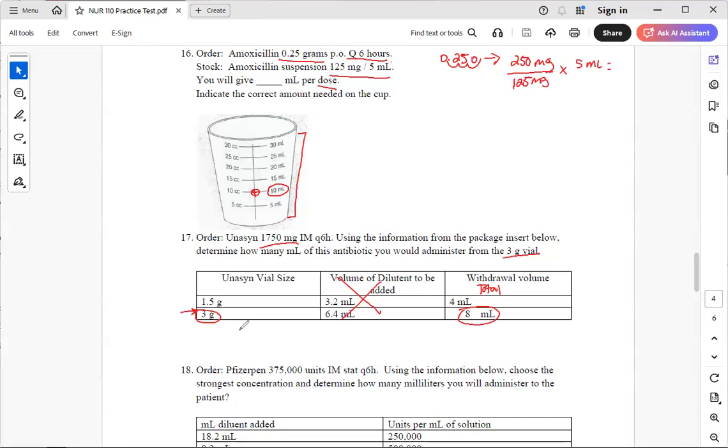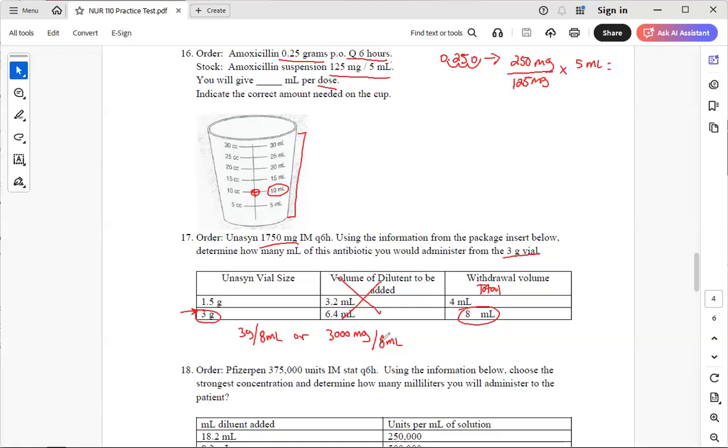So the way this would be read is the available is 3 grams for every 8 milliliters. Or I can rewrite that as 3,000 milligrams per 8 ml.